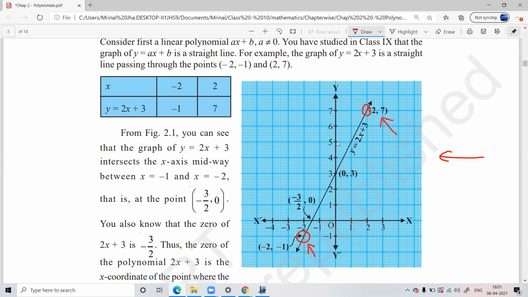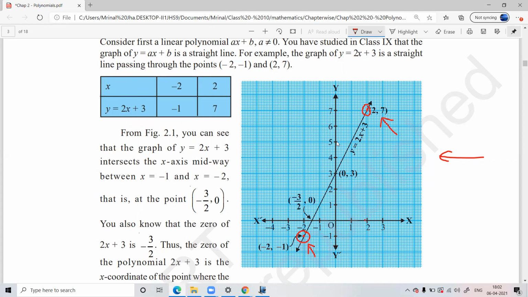Okay. Take the 2 points, join them, you will get a straight line. And which axis should you look at for finding the 0? X-axis or y-axis? Yes, we are looking at the x-axis because this polynomial is in which variable? The polynomial is in variable x, p of x, correct? That is why we look at the x-axis.